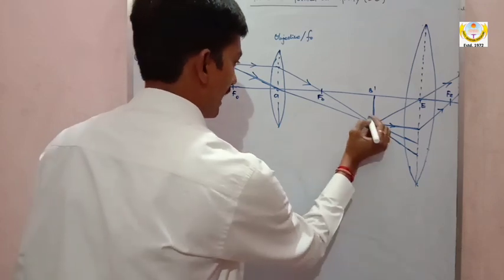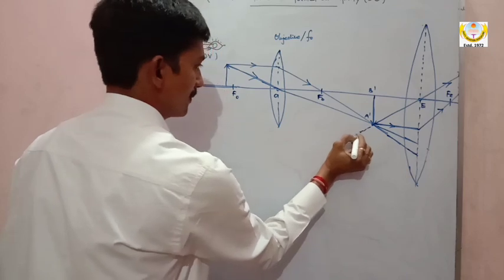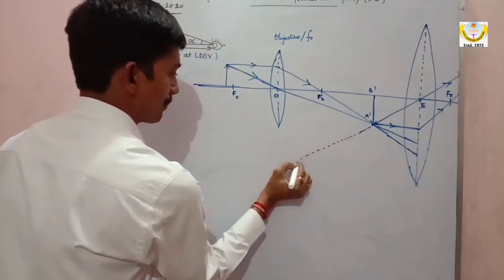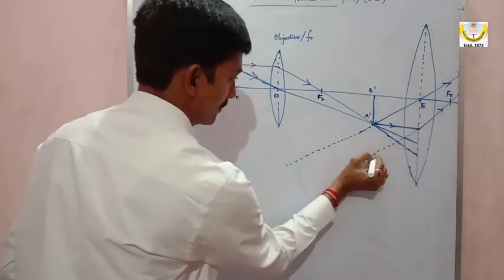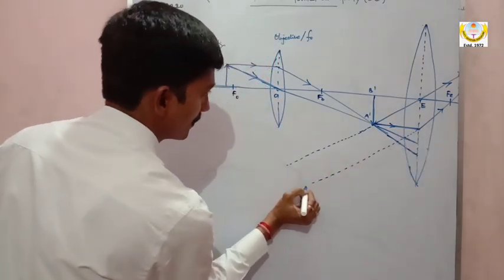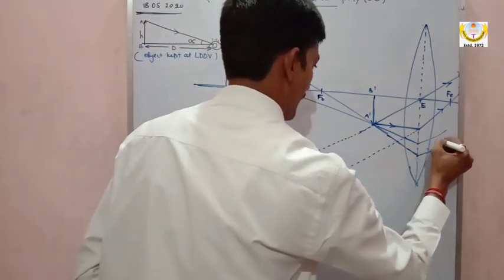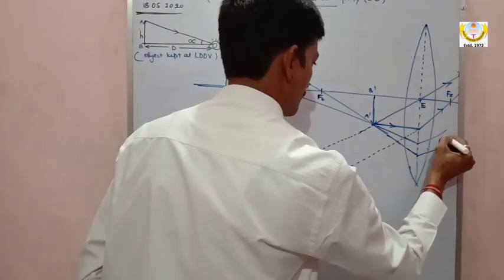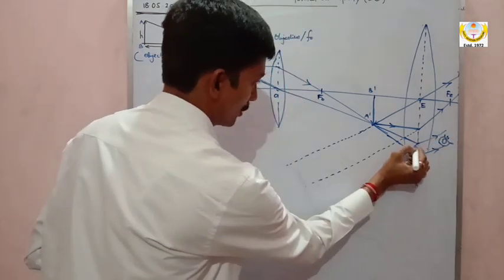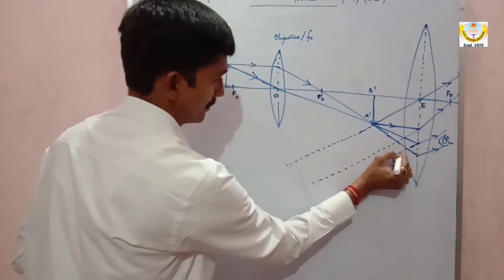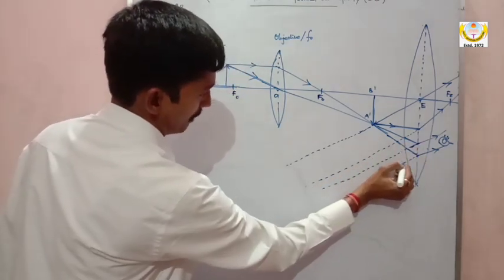You all know now the diagram for infinity is very easy. None of the rays we are supposed to match or meet at points. Here I will keep my eye. This also comes like this, and this also comes like this.